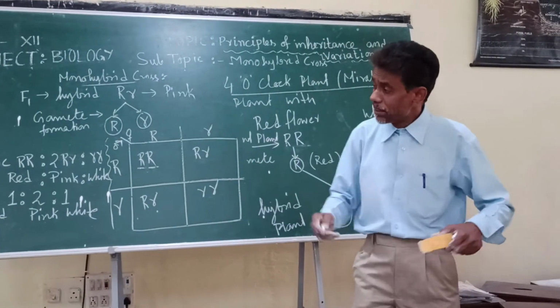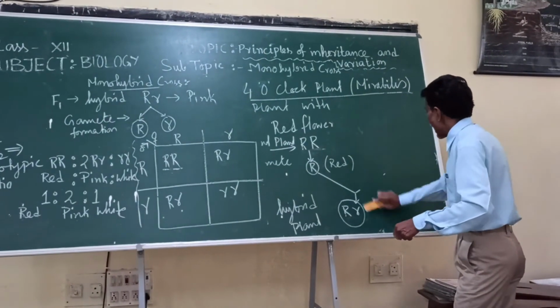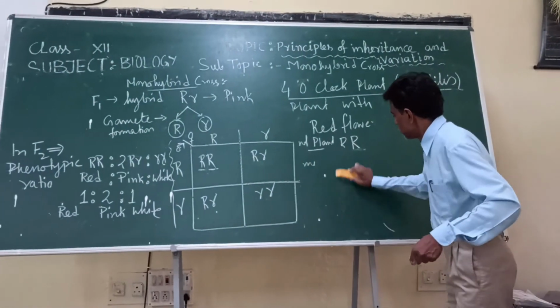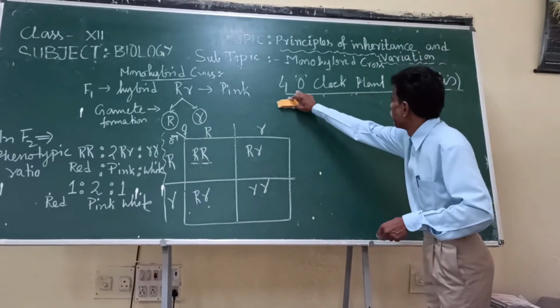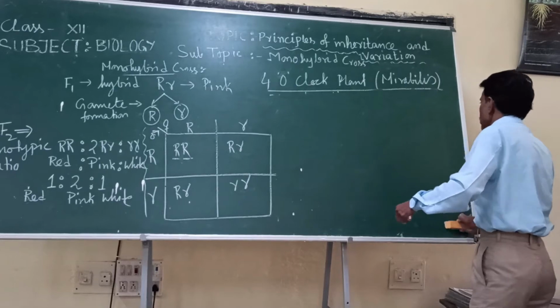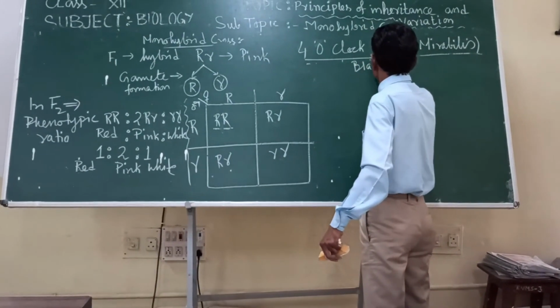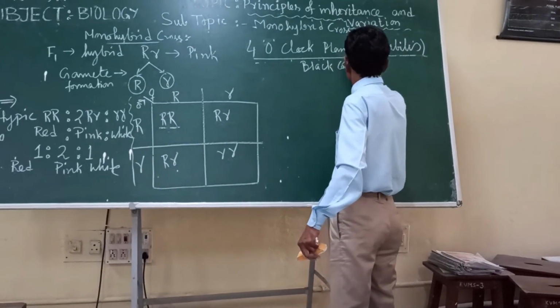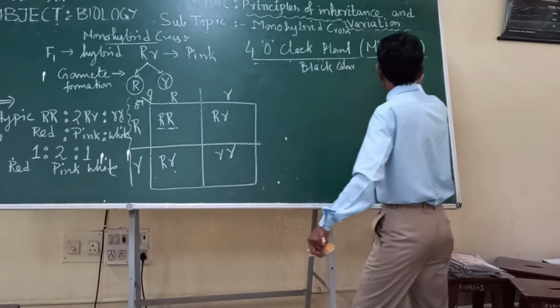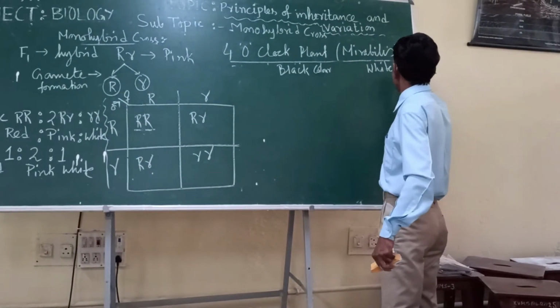Again, when the same experiment was tried on animals, one kind of fowl was very beautifully observed, black color fowl with white color.